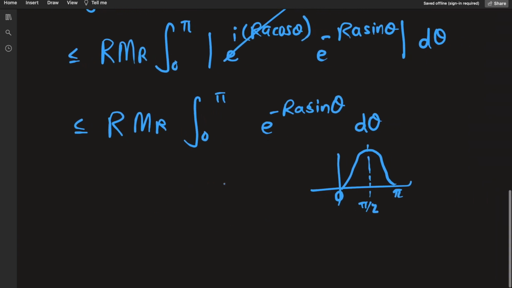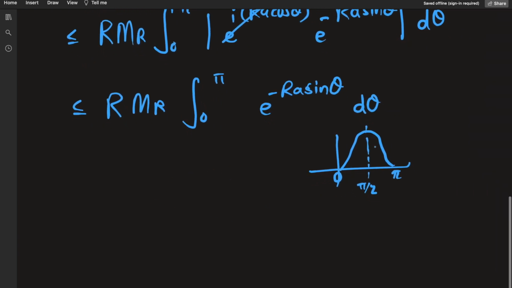And interestingly enough, the integral from 0 to pi of a function like this is just 2 times the integral from 0 to pi over 2. That's because of symmetry. You're increasing from 0 to 1, and then you're decreasing from 1 to 0, but the net area covered is the same in both cases.